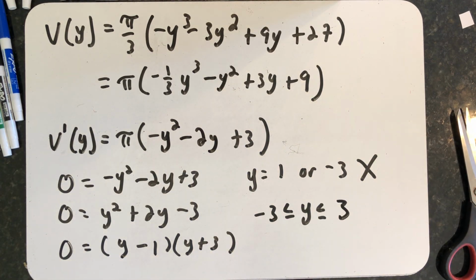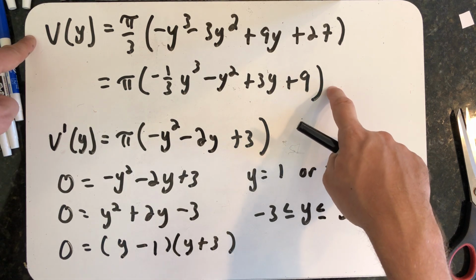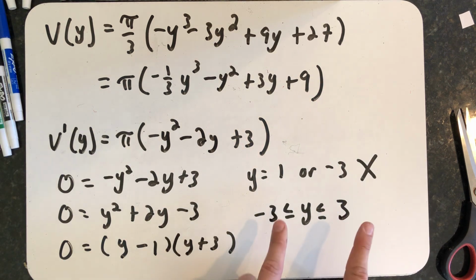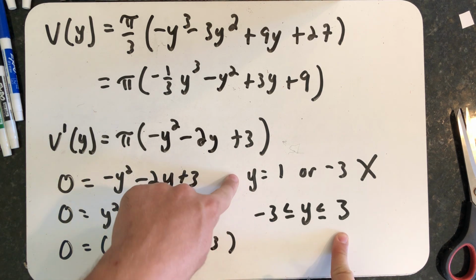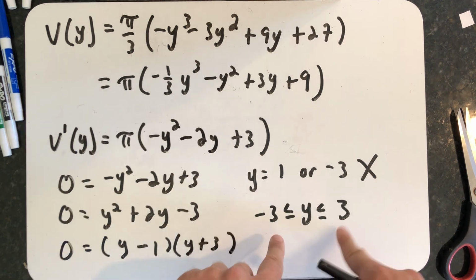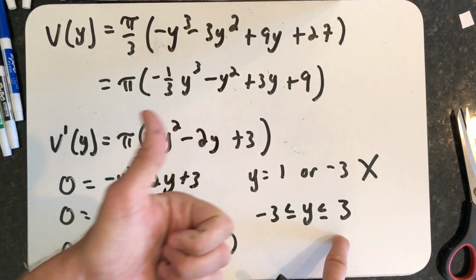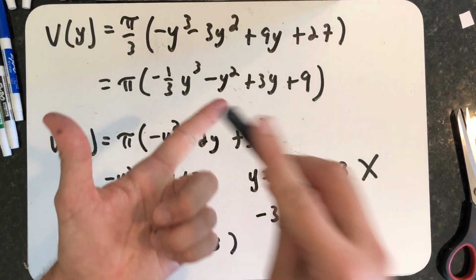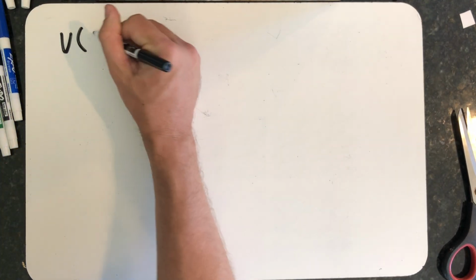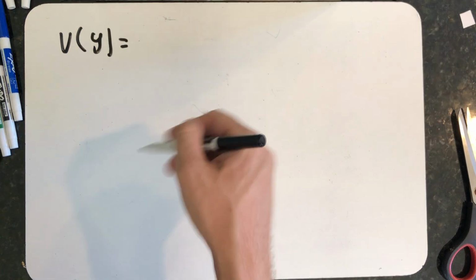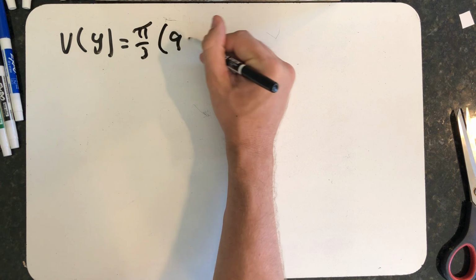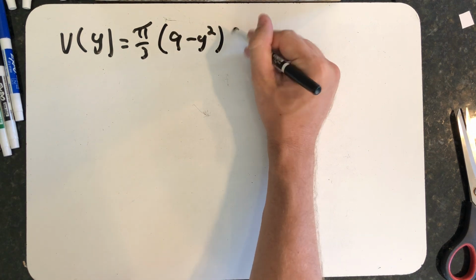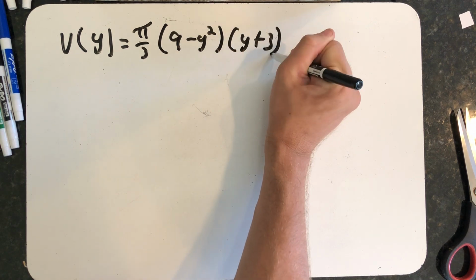And so what I have now is a continuous function for volume over a finite closed interval. I found my only critical point, so if I find the volume at the critical point and at both endpoints, the largest thing is the absolute maximum and the smallest thing is the absolute min. All right, just getting everything summarized. The original statement I had for volume was pi thirds times 9 minus y squared times y plus 3.